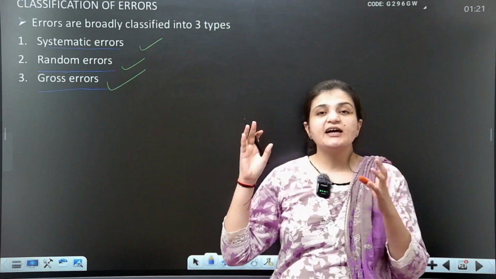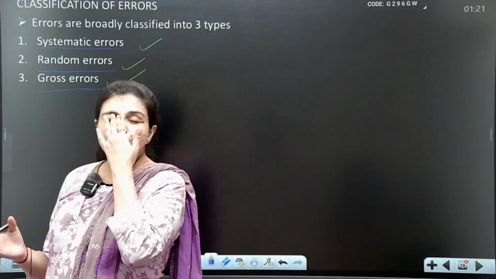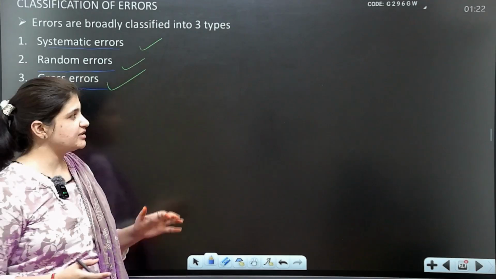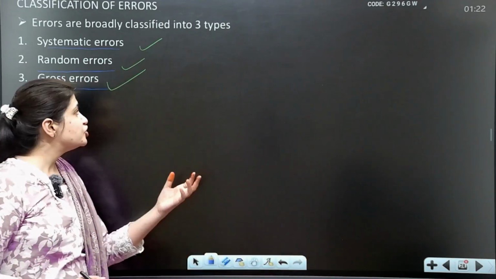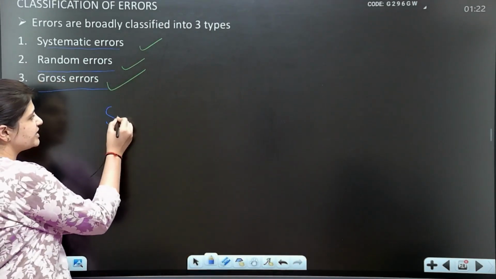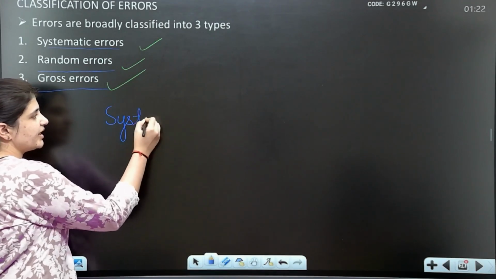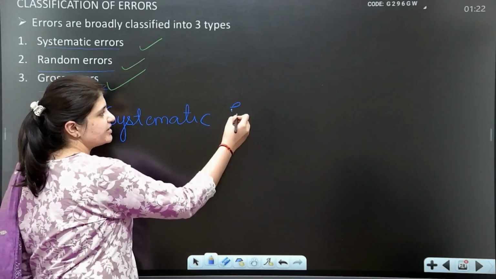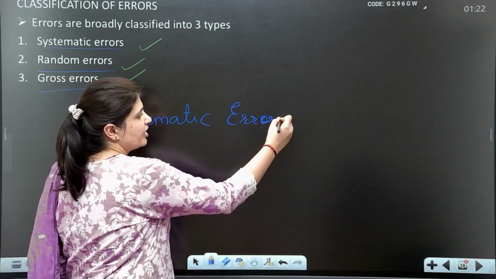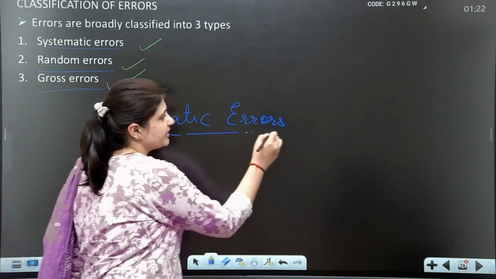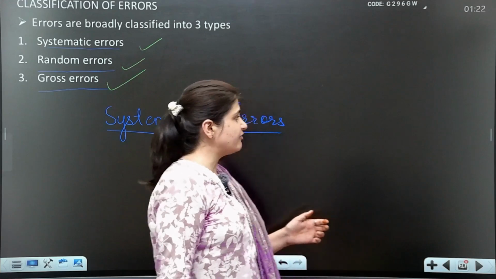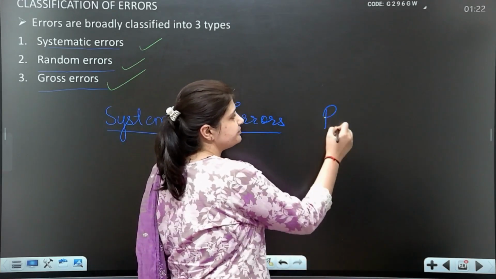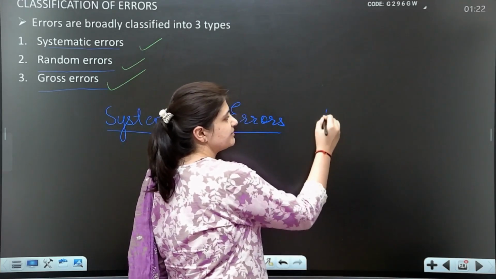So these are the three categories the scientists place errors into. First, we have the systematic errors, then we have the random errors.